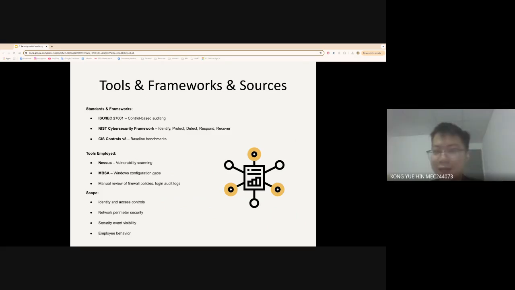Hi, Seng and Harshini. I will present the tools and framework sources. Our audit was guided by internationally recognized frameworks to ensure a structured and comprehensive evaluation. We referred to ISO/IEC 27001 for control-based auditing, mapping our findings against established security domains.